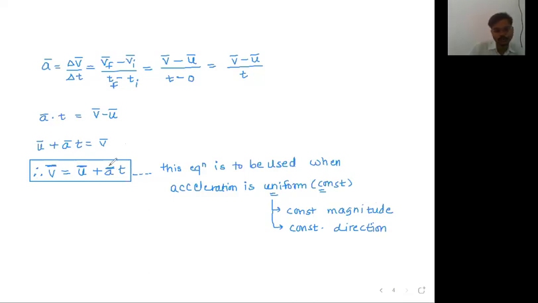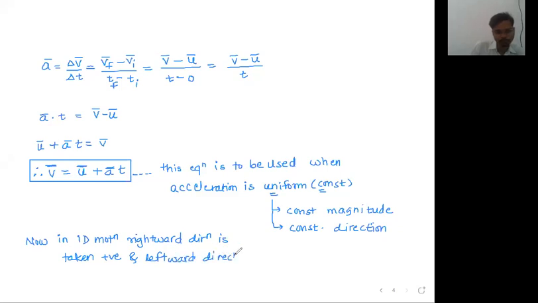Now in one dimensional motion, rightward direction is taken as positive, and leftward direction is taken as negative.